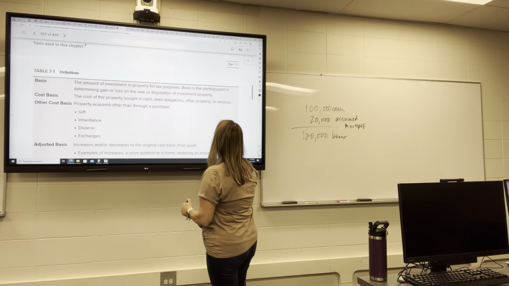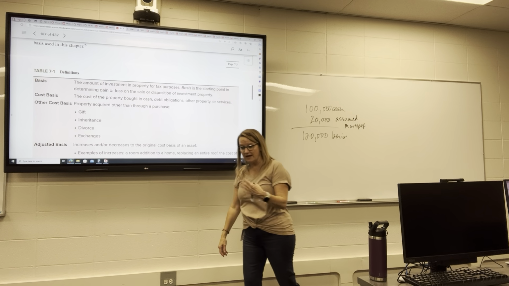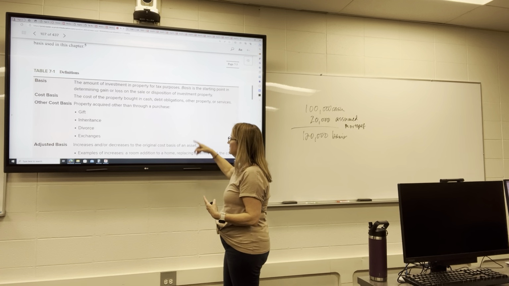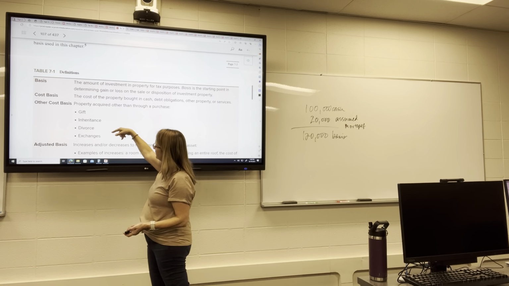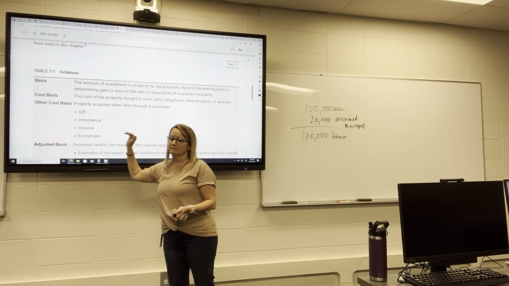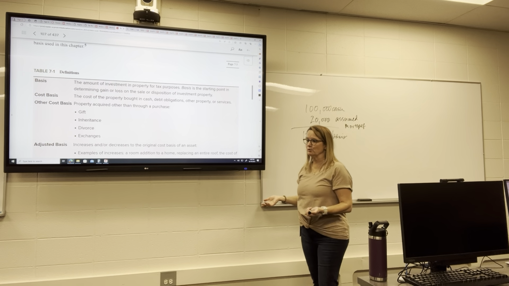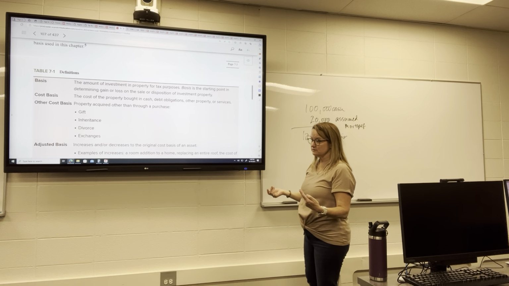Or if other property is exchanged as well, the fair market value of that property is also included in the calculation of that basis. So we could buy it, we could inherit it, we could be given it as a gift. If it's through a divorce, the fair market value is whatever your fair market value was. That doesn't change the fair market value of it for basis purposes.